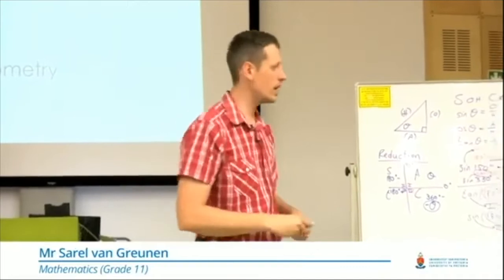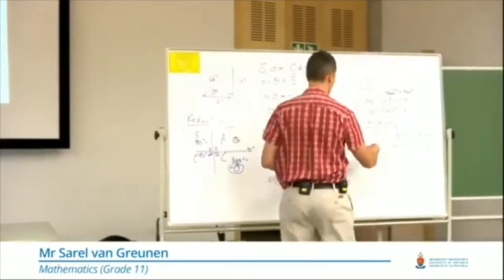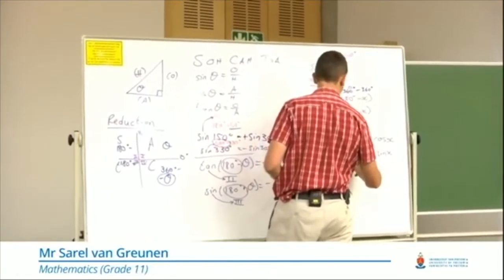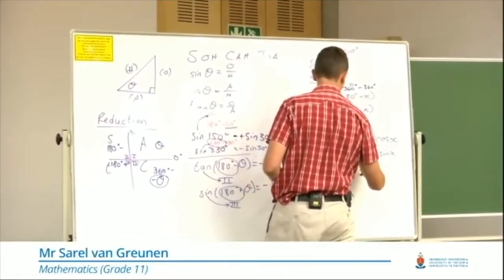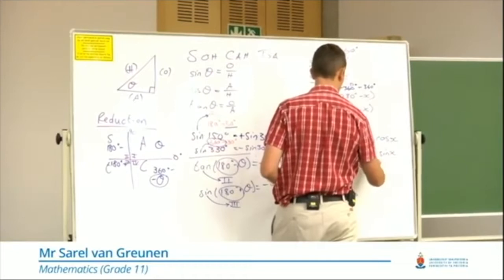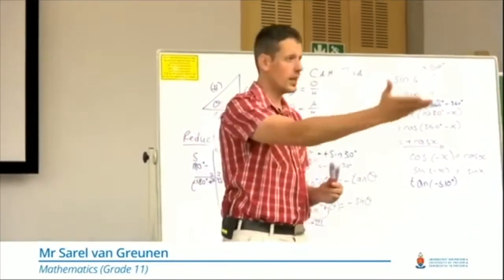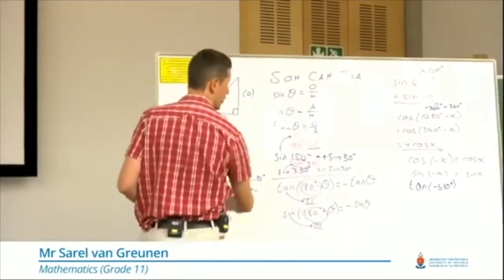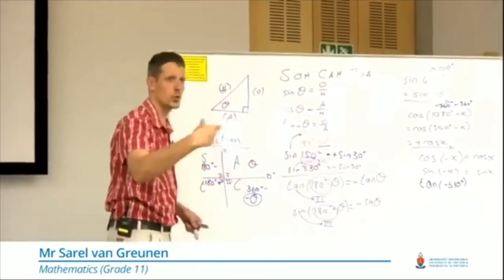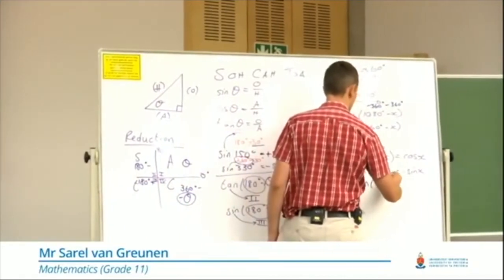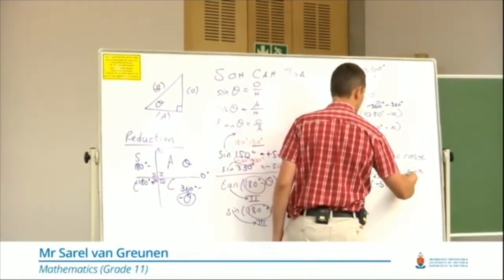So if you get, for instance, tan of negative 510, what you can do is use this knowledge of tan in the fourth quadrant, or add 360 and add 360 again.